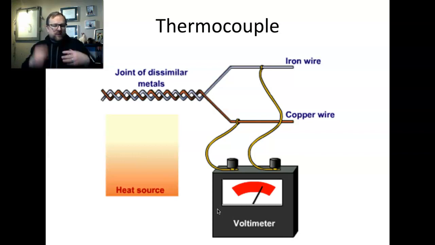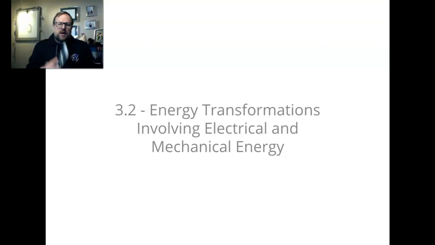A lot of our devices are powered by energy transformations. My calculator is being powered by the batteries that sit in the back of the calculator, right? And those batteries are transforming chemical energy into electrical energy that makes the screen light up and allows me to do my calculations, and it runs all the circuits inside the calculator.